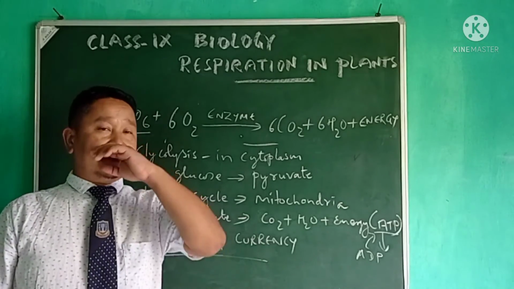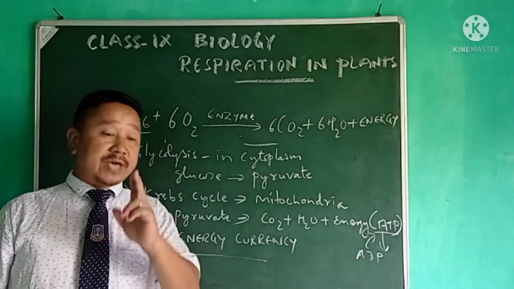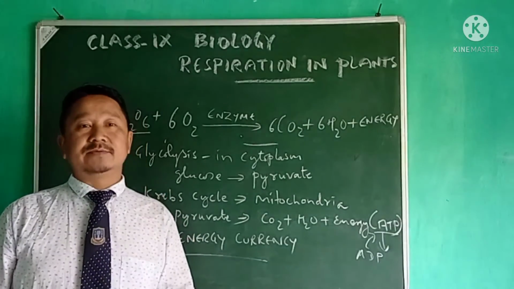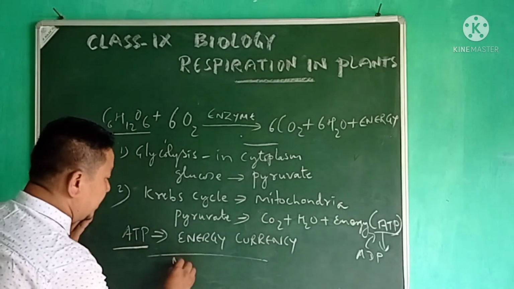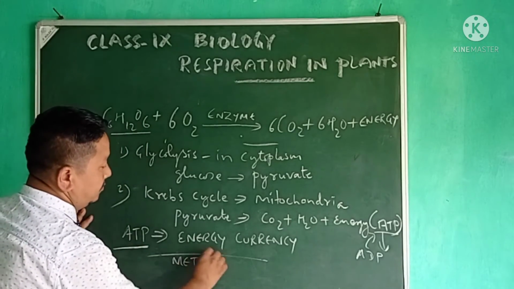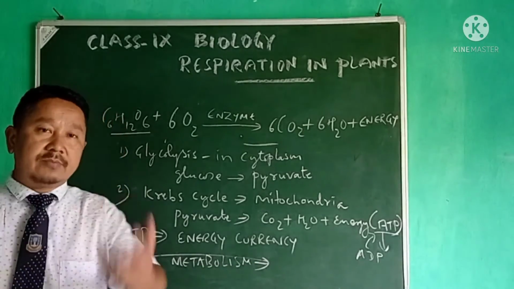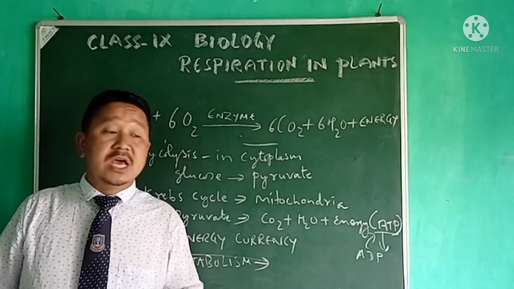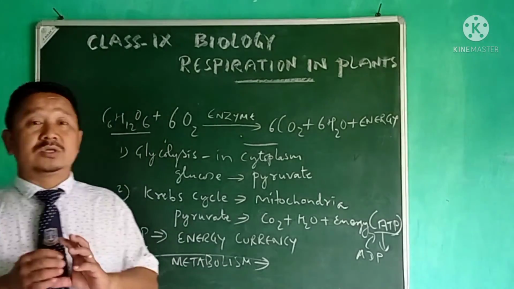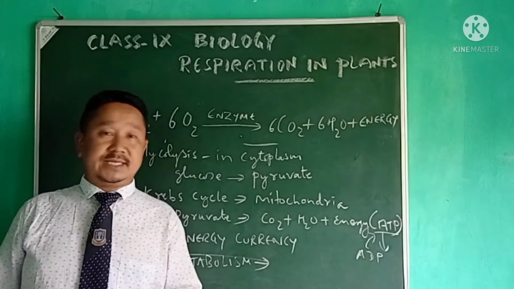All right, then as I was talking about activities, we have two types of activities in the body. As a whole, it is called metabolism, or metabolic activities. What is metabolism? First you need to understand. Metabolism means the sum total of all the chemical reactions taking place in the body or in the cell.